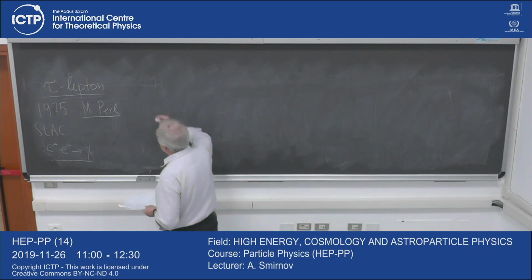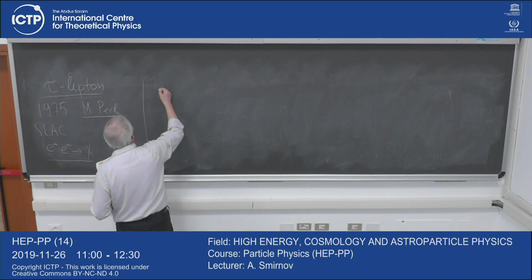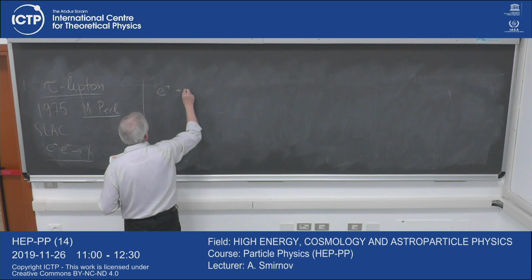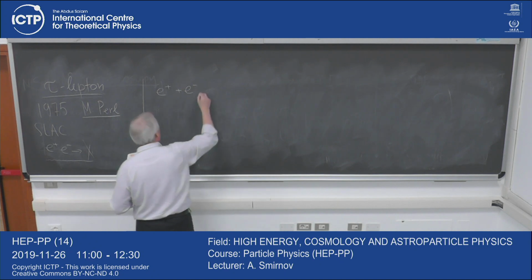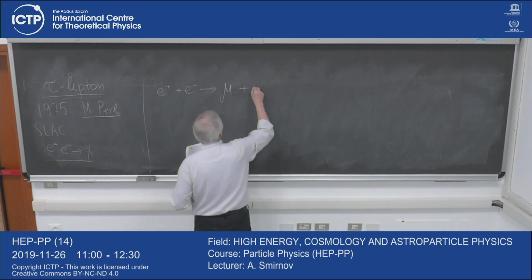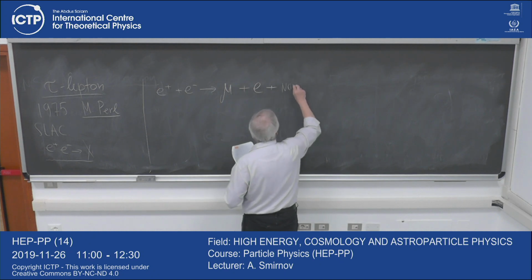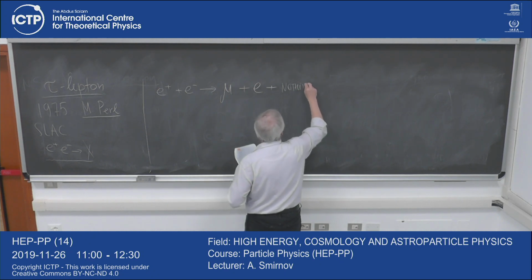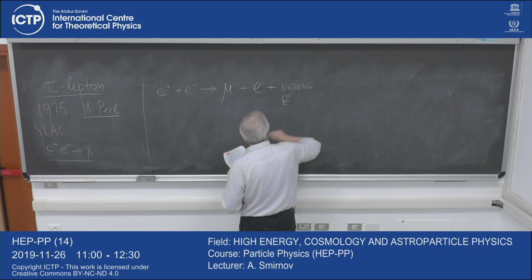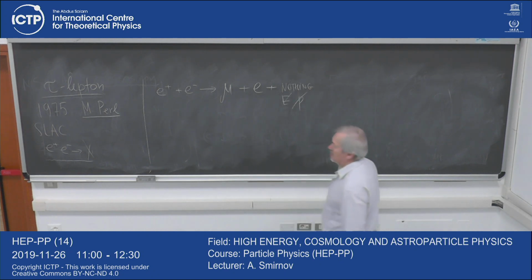And among many different events, the collaboration observed events of this type: e+ e- go to mu+ e+ nothing. And nothing means something which takes the energy and momentum, but is not observable.